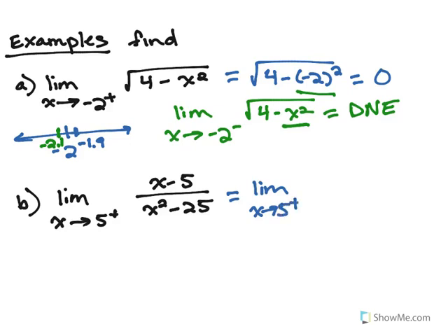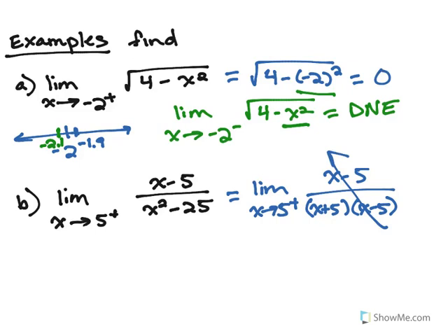So the limit as x approaches 5 from the positive side of x minus 5 over, what would my denominator be? It's a difference of squares, right? x plus 5, x minus 5.